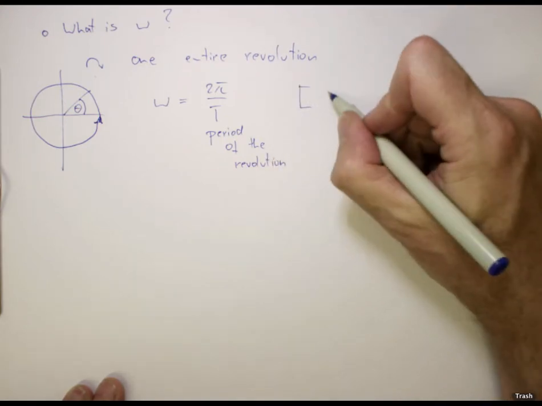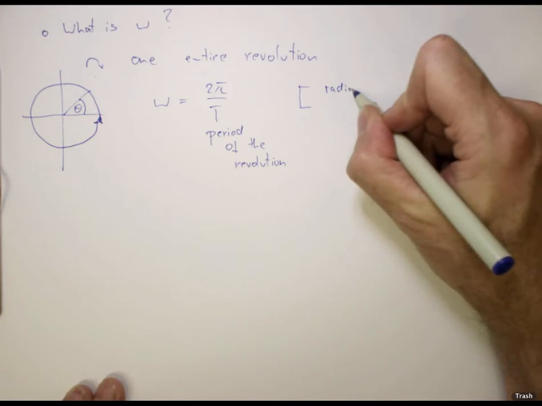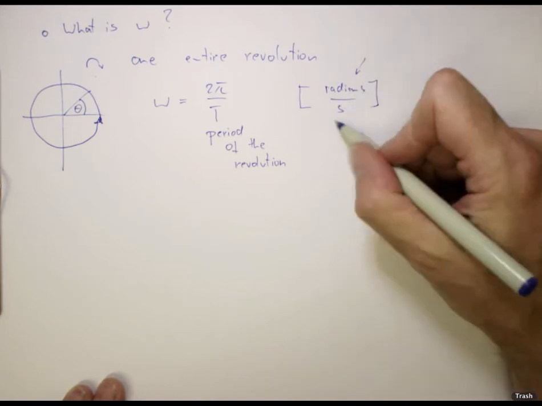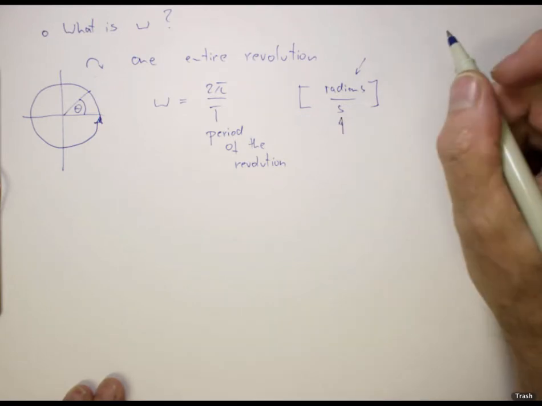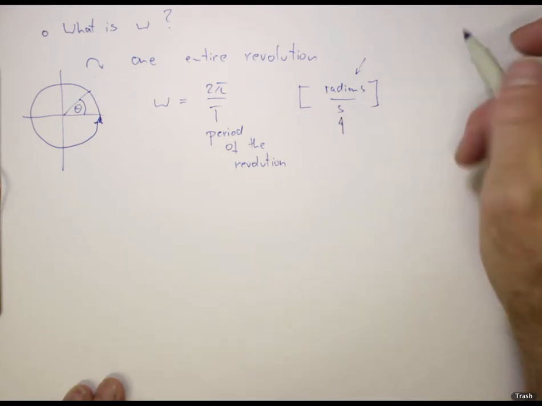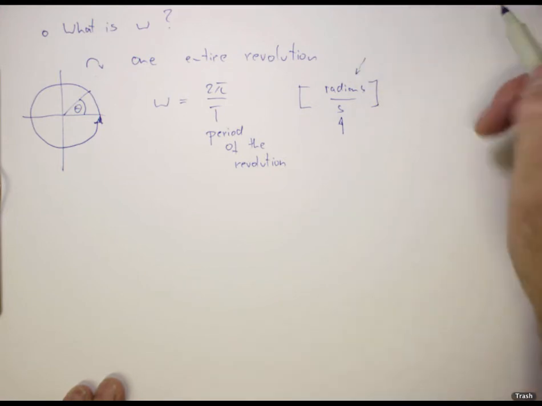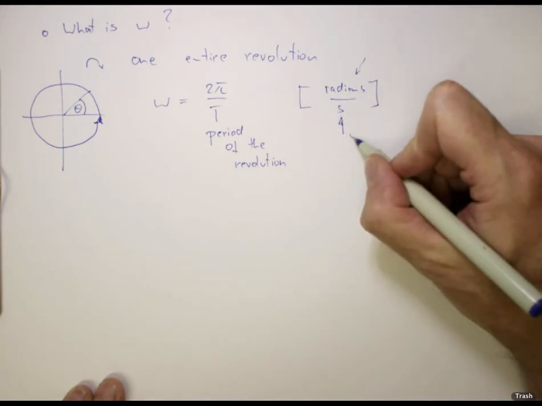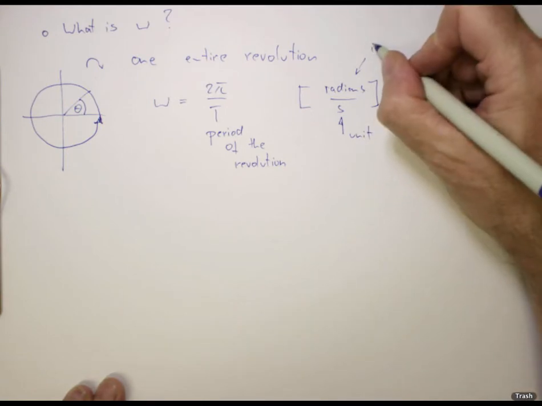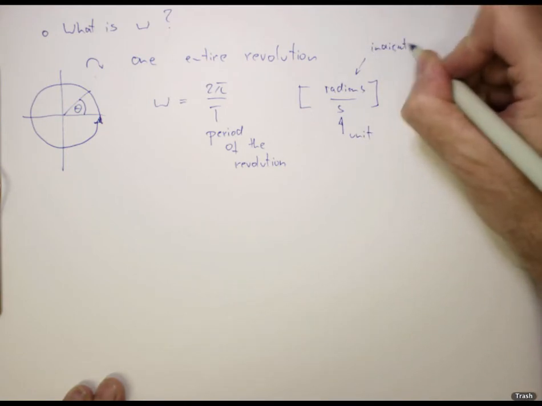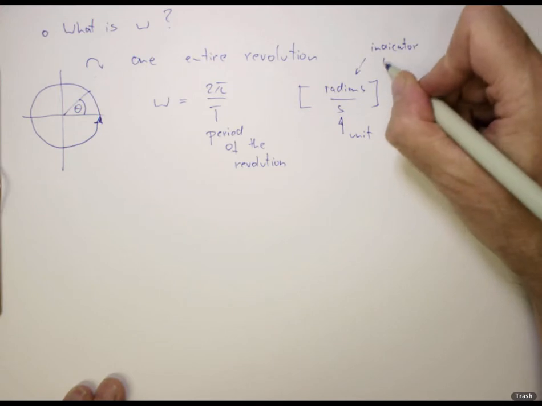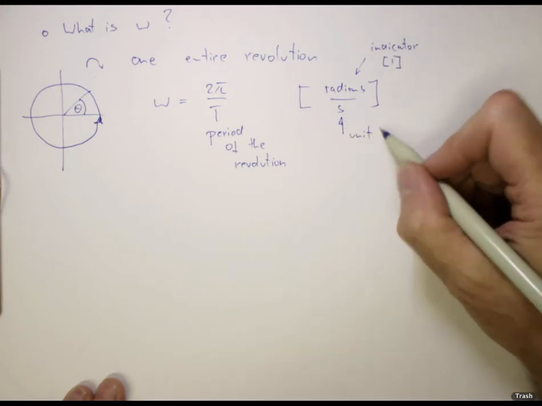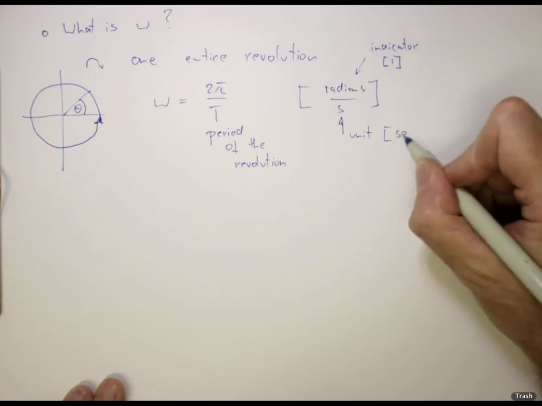with a unit of radians per second, whereby, I remind you, radians is an indicator that we're measuring the angle in the natural unit radians and not in degrees, whereby s is a unit indicator which has the dimension of second.